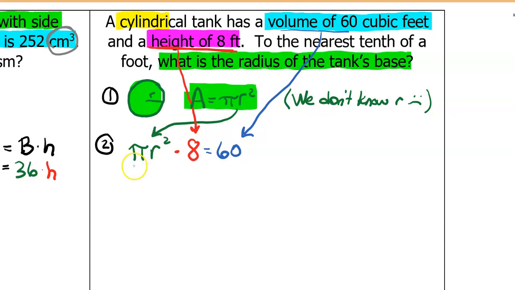We saw stuff like this before, where if you have a pi involved, I think it's a good idea to deal with that separate from everything else. So I'm not going to worry about the pi just yet. Right now, I'm going to worry about that 8 and get rid of that. So 60 divided by 8 gives me 7.5.